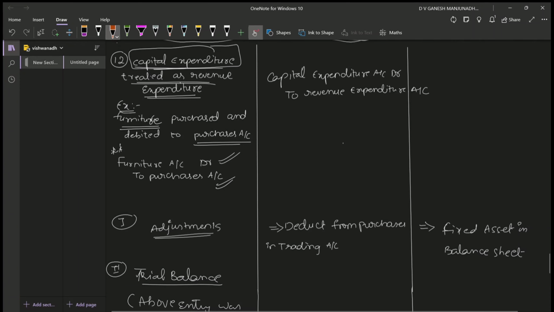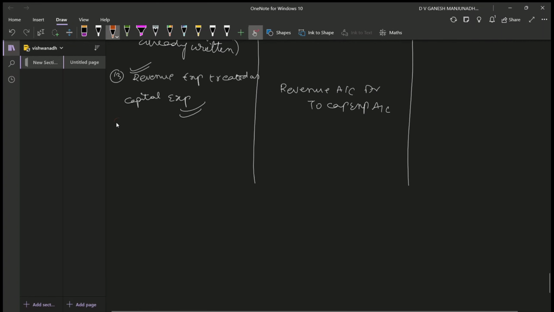Let us take the example here. Example for this would be: repairs to machinery debited to machinery account.